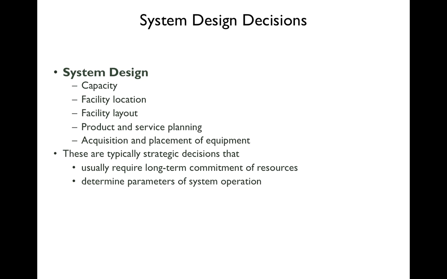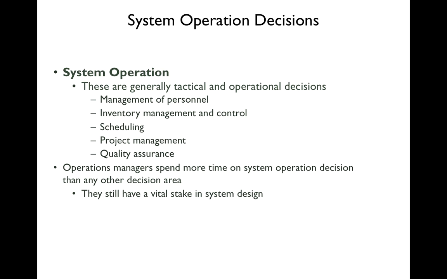Acquisition and placement of equipment: that's similar to facility layout, but where are we going to get big equipment, little equipment? These system design decisions are typically strategic decisions, and they often require a long-term commitment of resources. If you're going to buy all the equipment to go in a restaurant, you might sign a long lease, or build your own building, and it really determines the parameters of the system operation. What kind of restaurant, those kinds of things.